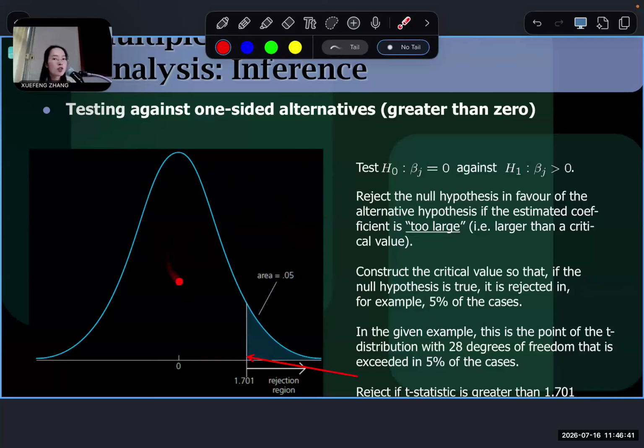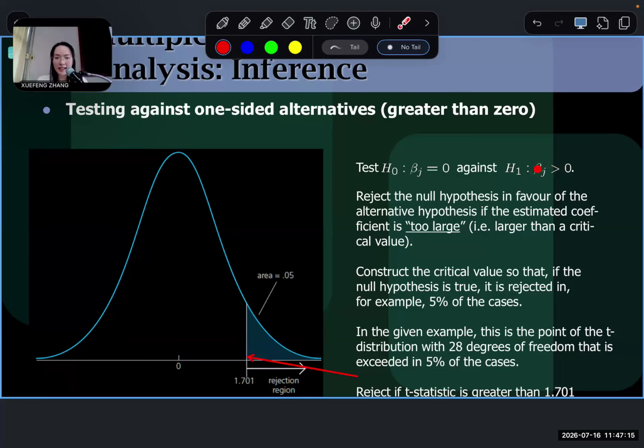So let's visualize it. Now let's actually build a rejection rule, all right? And here is a one-sided test. Remember our null hypothesis, H0, is beta j equals 0 against beta j greater than 0. This is the directional hypothesis. We simply expect a positive effect based on economic theory.